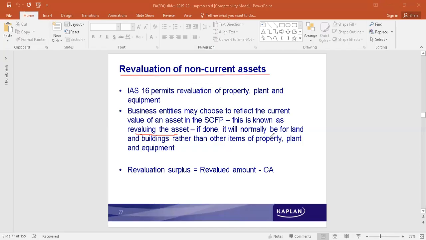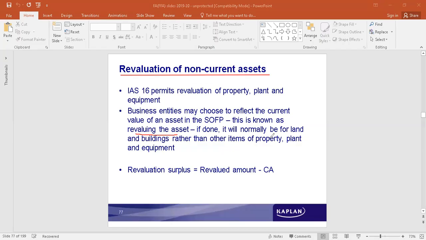The revaluation of assets is taken up for the assets that appreciate in value. When the value appreciates, if the business entity chooses to adjust it to the fair market value, the revaluation is taken up. The book value is adjusted according to the market value, and that process is called revaluation of non-current assets.